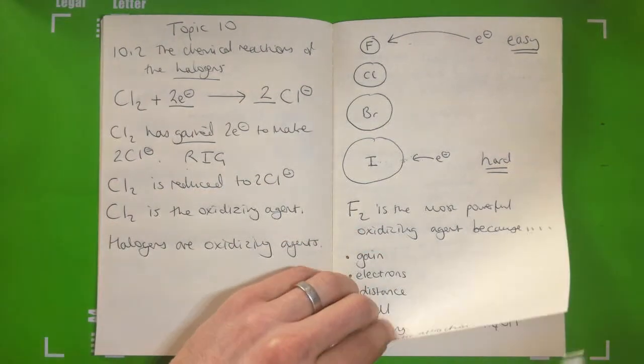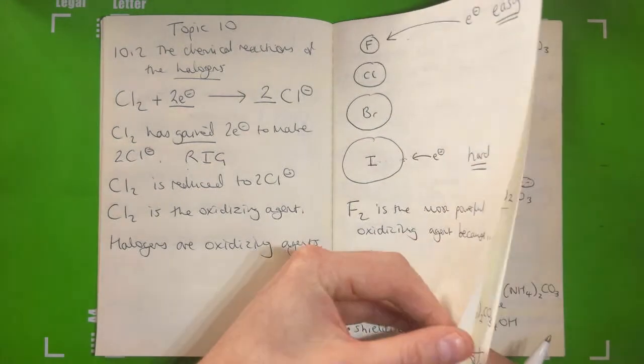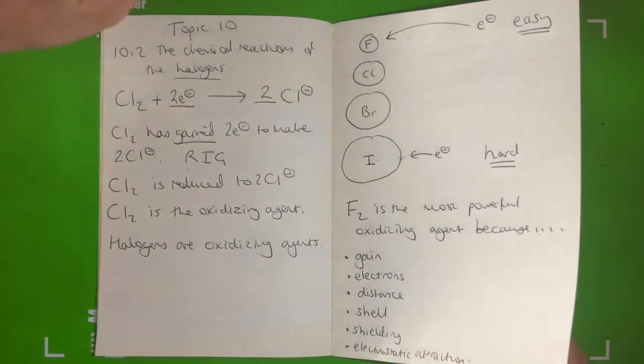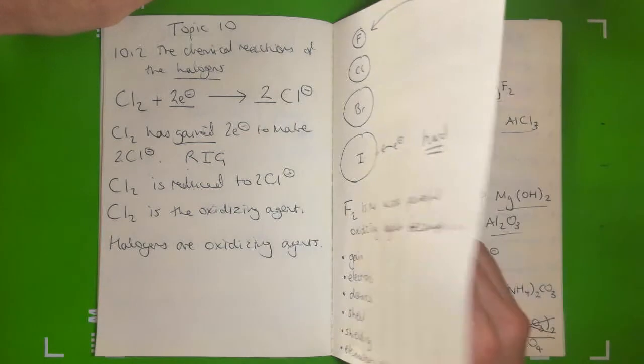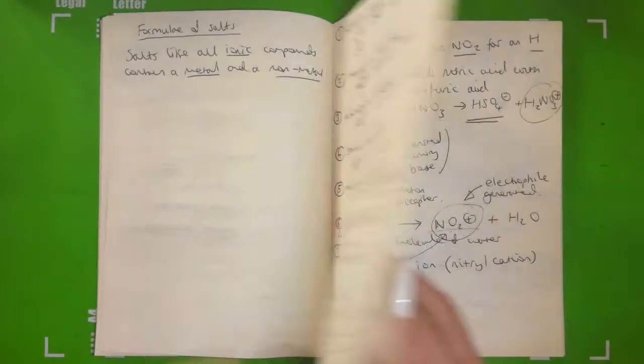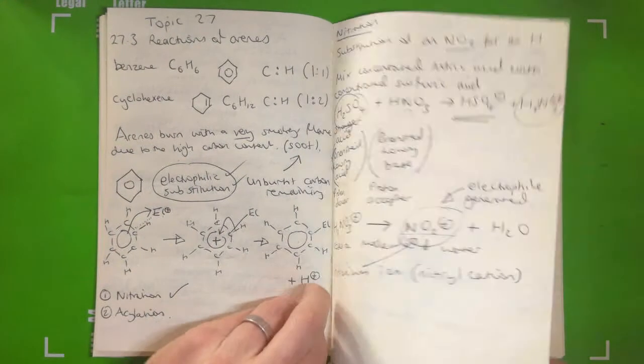So we know that these halogens are oxidizing agents, and they do that by gaining electrons. And we can look at the evidence of that by displacement reactions.